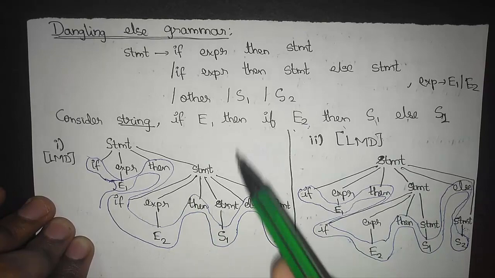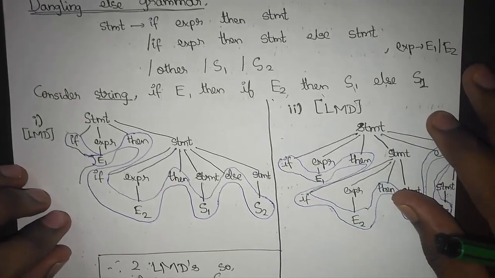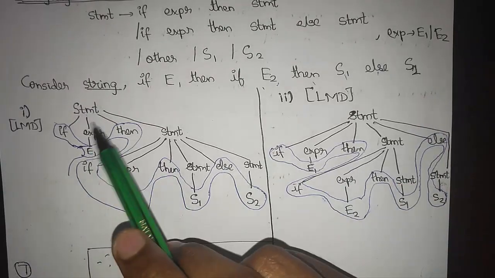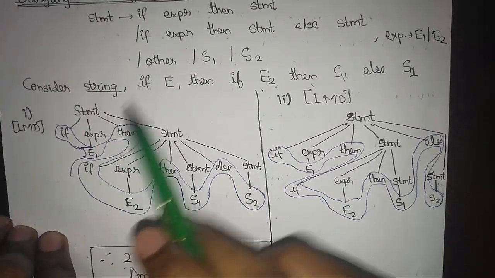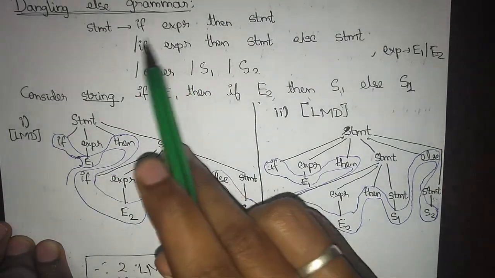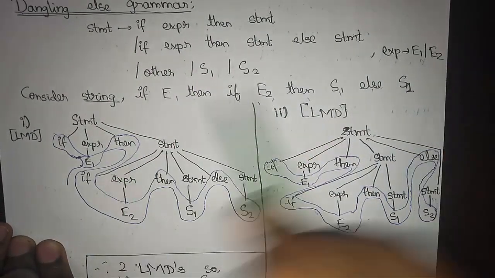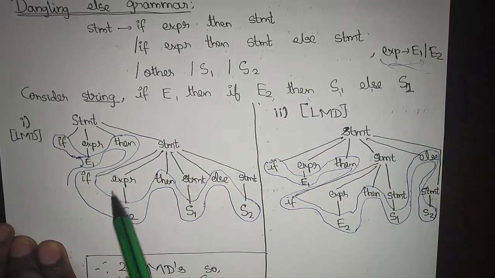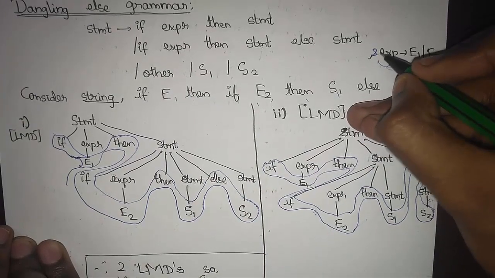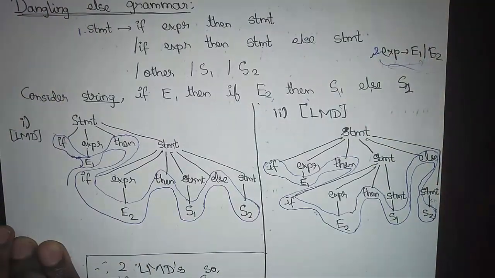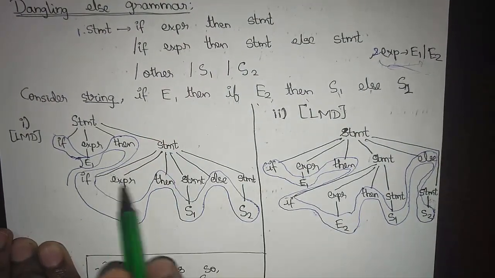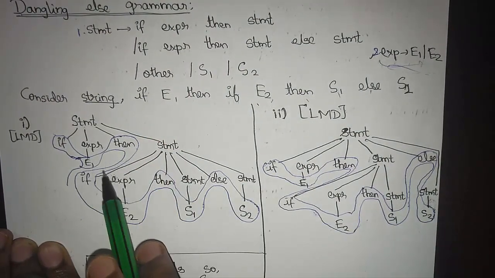For that we are going to generate derivation trees, which are both leftmost derivation trees. First we have the statement expanded with the help of this production, and then we are going to expand this expression to E1 using the second production. For your clarity, I'm going to number those. From the first production we got this line, and from the second production we got this, and so on.